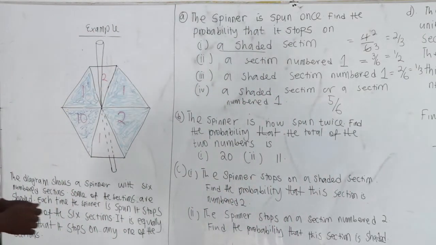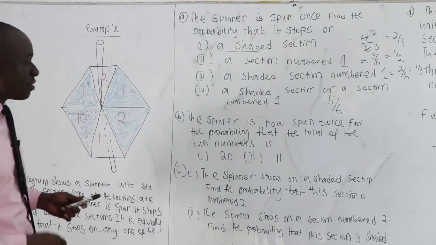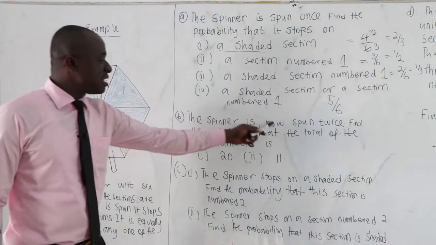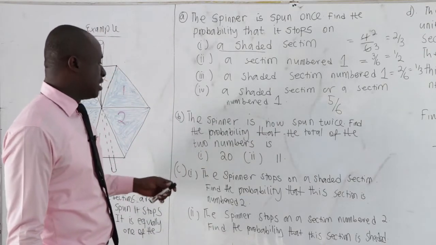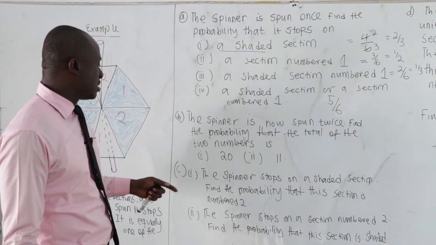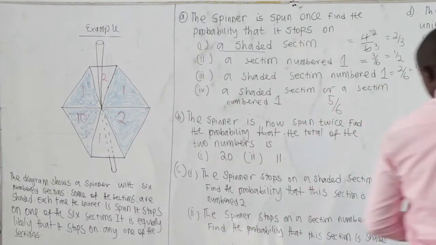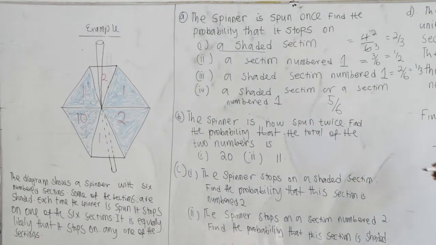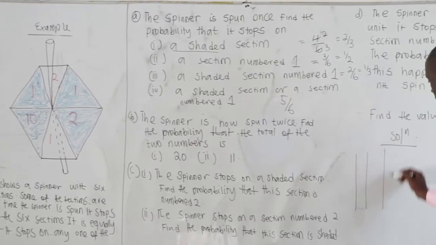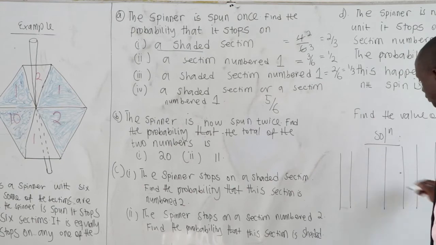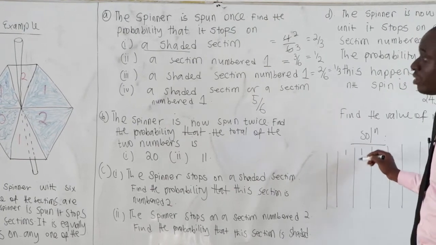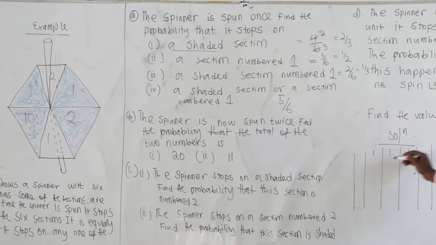Now let's see the second question. The second question says that the spinner is now spun twice. Find the probability that the total of the 2 numbers is 20, and then the second one is 11. Now it's spun twice, so we have to create a sample space. Now we have 1. How many ones? That is 3.